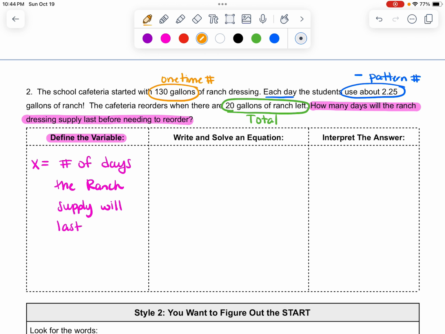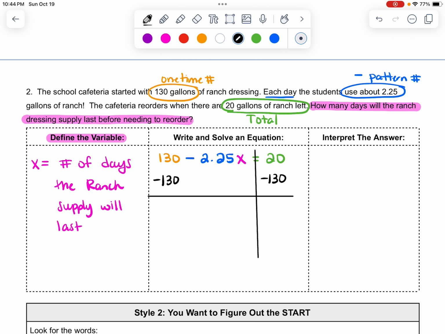Then I'm just going to make an equation. So 130 is my first number minus 2.25, and then that's where I put my x because that's my pattern, equals 20. Now I'm going to solve. So I'm going to start by subtracting 130 on both sides. That gives me negative 2.25x equals negative 110.